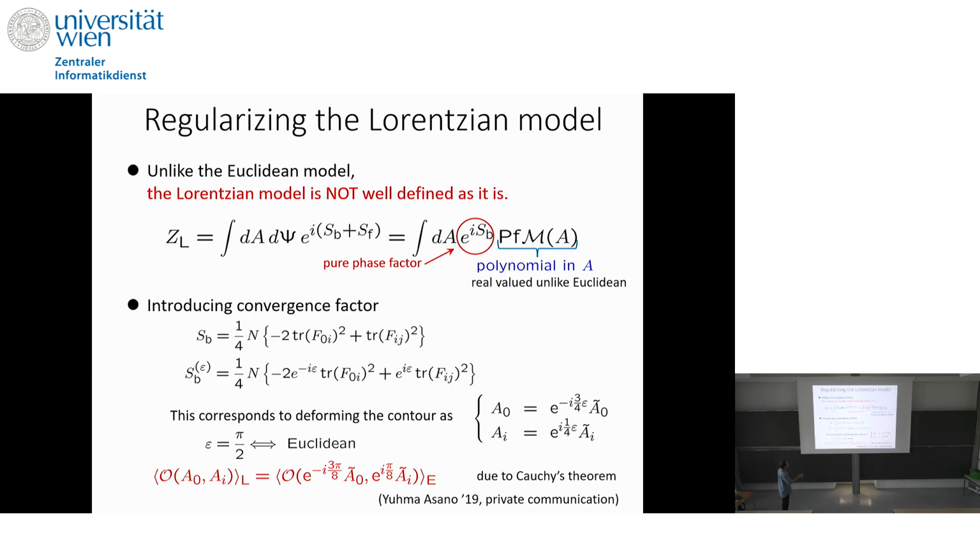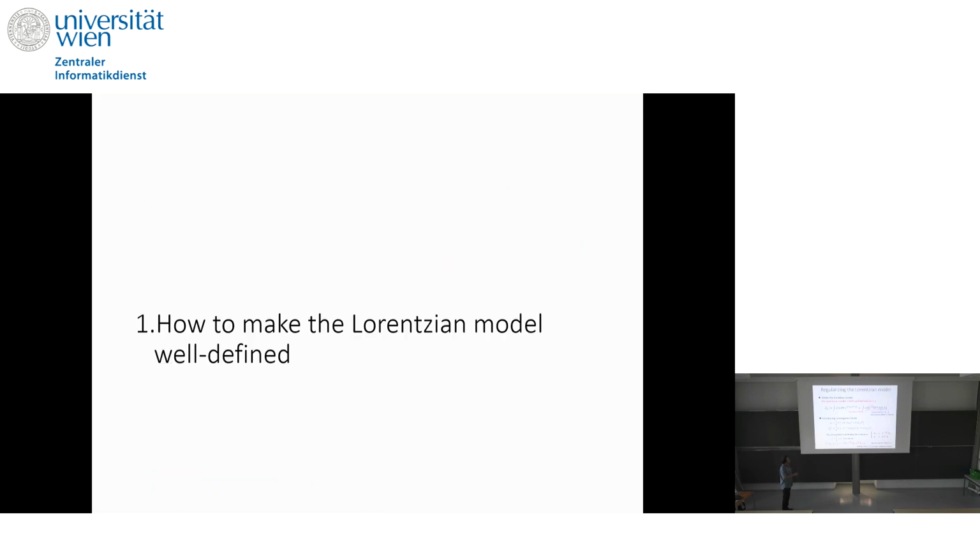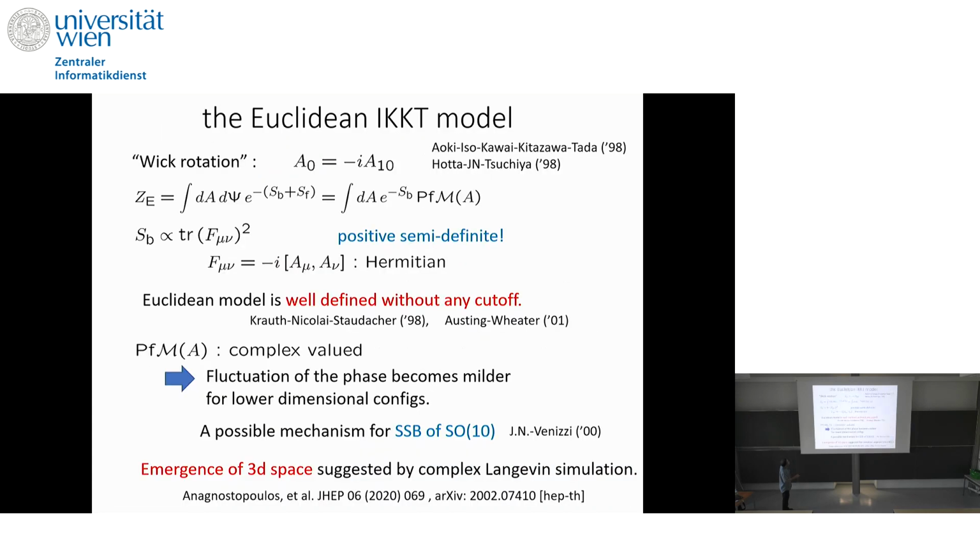By the way, with this convergence factor, as far as epsilon is positive, this model is well defined. Therefore, we can also think of epsilon going to pi over 2. And that actually corresponds to the Euclidean model that I introduced already here.